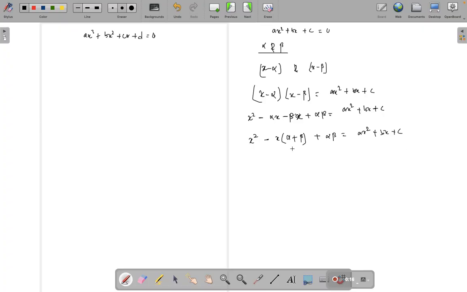Okay, now what can you do here? You can take x common in the first and second term.